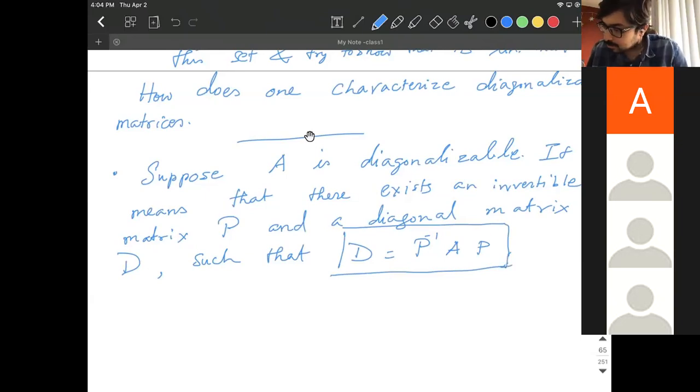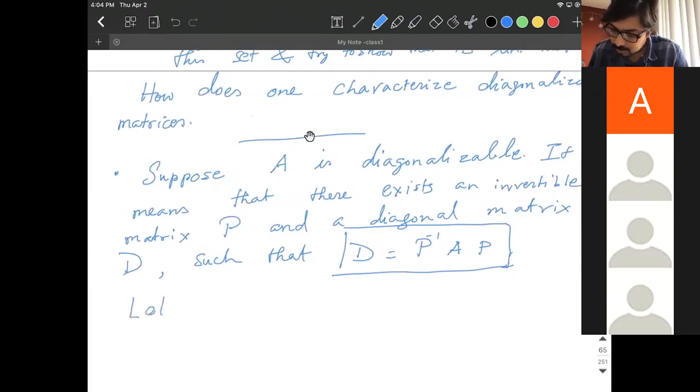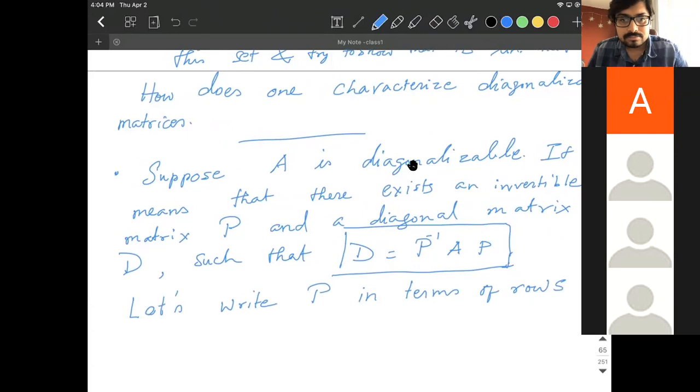We write P in terms of a row of column vectors.